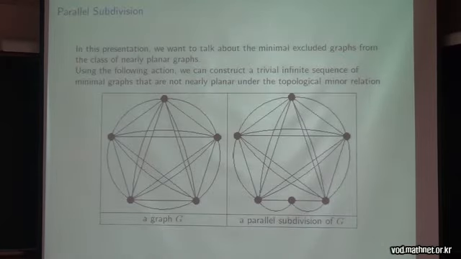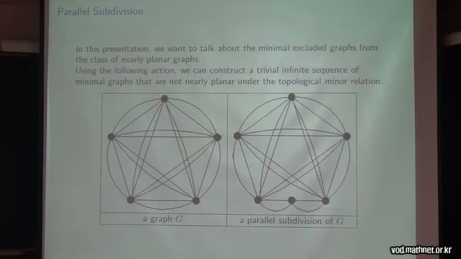Yep. But you may notice that using this bottom of a pair of parallel edges, given the bottom parallel edge like this, you can change it into a series of parallel edges. So I can define this action as a parallel subdivision.